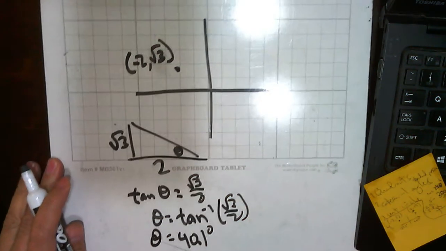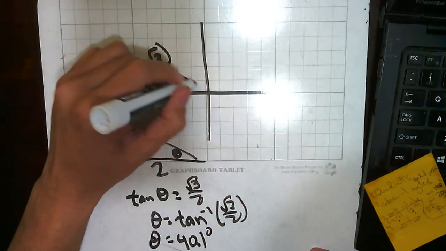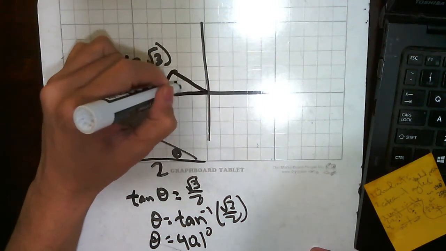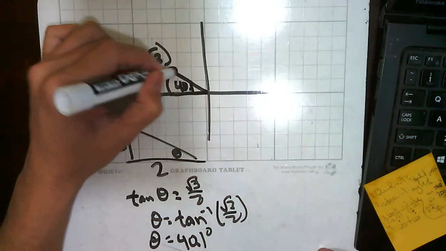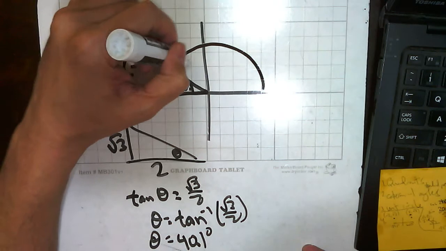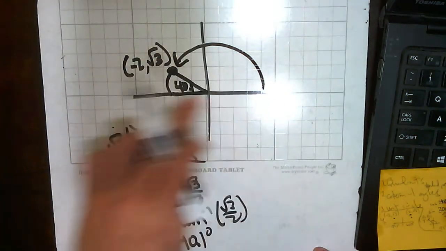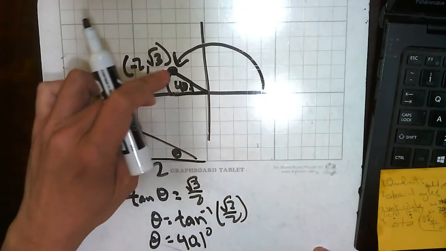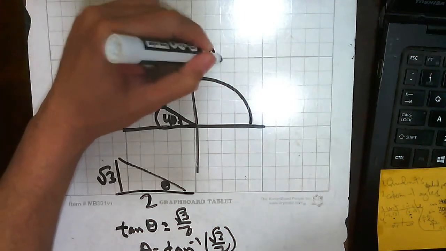Okay, here's the tricky part. This angle here is 40.1, so this is a little different. But remember, they want the angle from standard position, so they want the angle from here. How do we figure out this angle? Well, I know this is 180, and this is going to be 40.1 less. So we just do 180 minus 40.1.